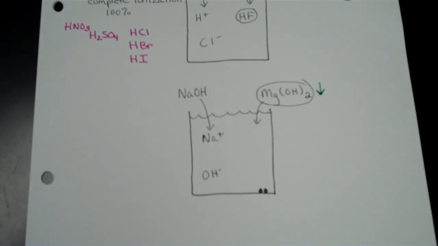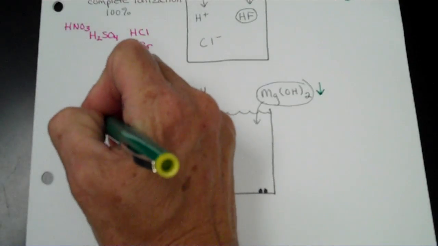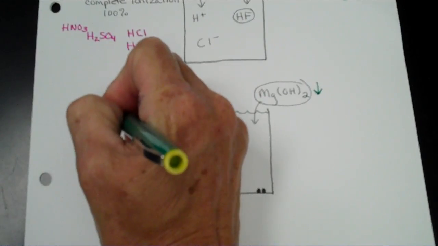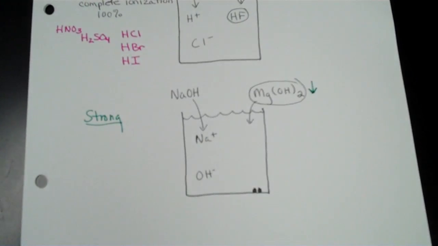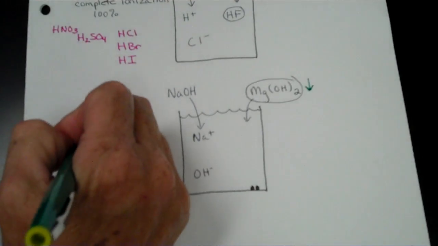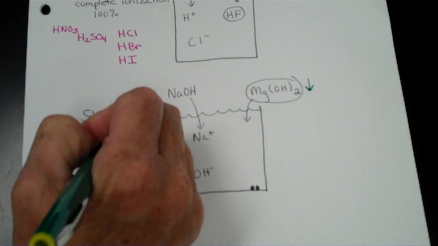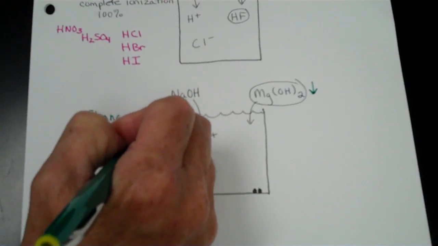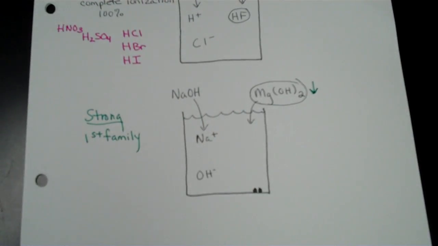Where do we find our weak bases? There are lots of weak bases. So what we want to do again is to list our strong bases. And our strong bases are going to be bases from the first family. This would include things like sodium hydroxide, lithium hydroxide, potassium hydroxide. But we will also include 3 additional hydroxides.